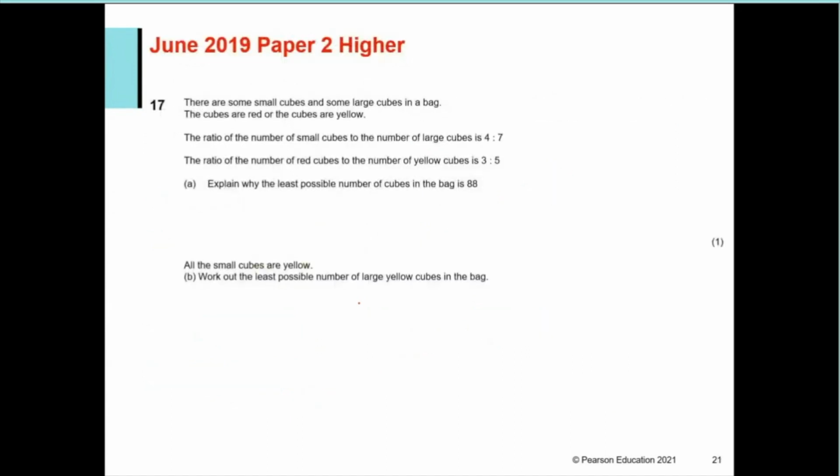Okay, a question from the June 2019 paper. I'm not going to do part A, so that was to do with lowest common multiples. But again, just give you a minute to read the question.